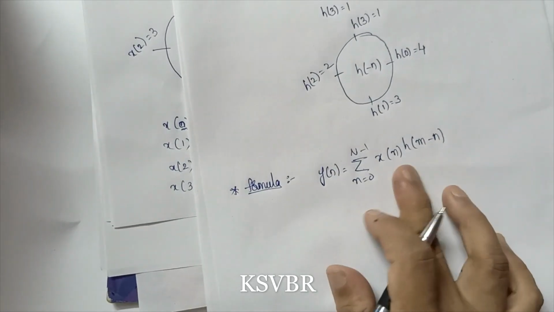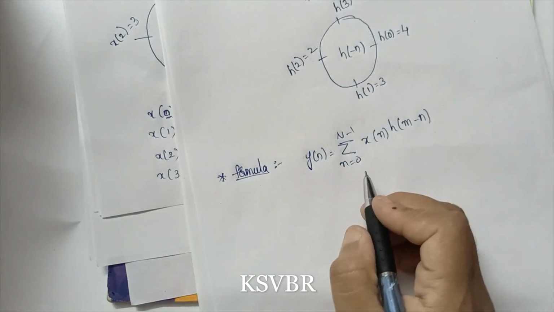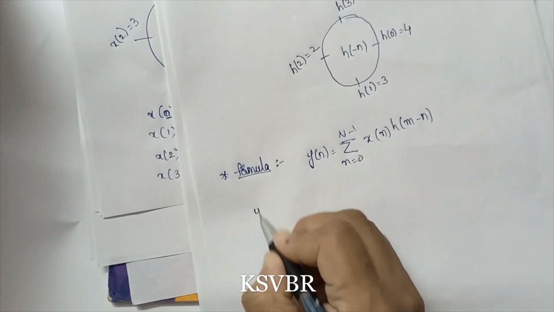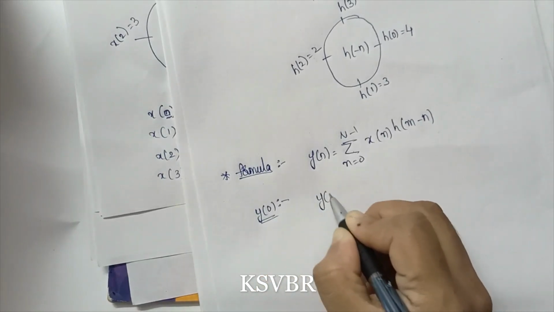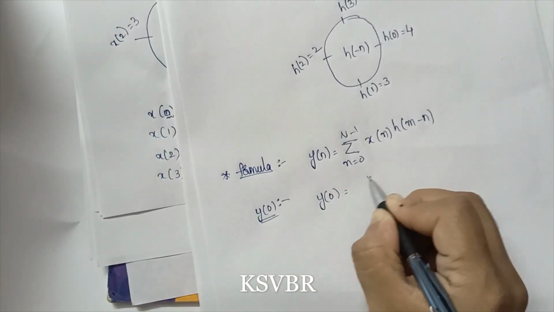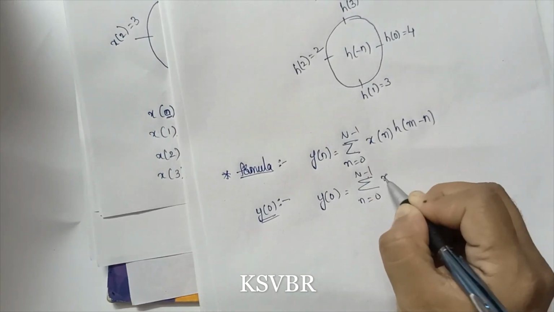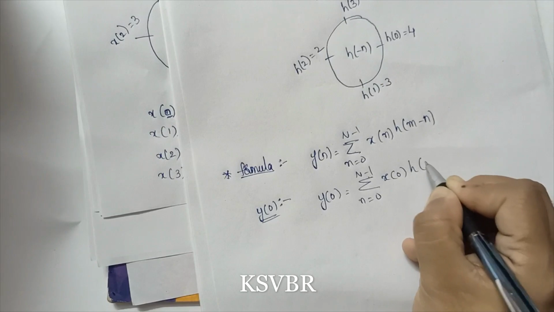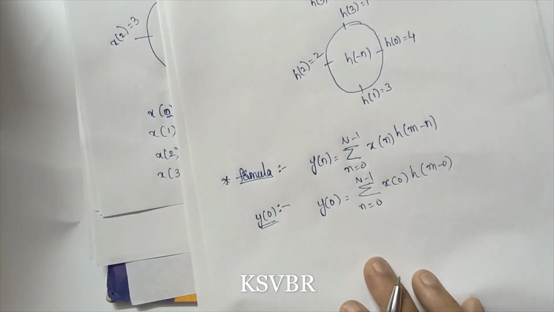Okay, so this is called circular convolution, and we have to first find y of 0. So y of 0 in the sense we have to write the formula for y of 0. Y of 0 is equal to summation n equal to 0 to N minus 1 of x of 0 into h of m minus 0. Okay, so like that we have to do here.